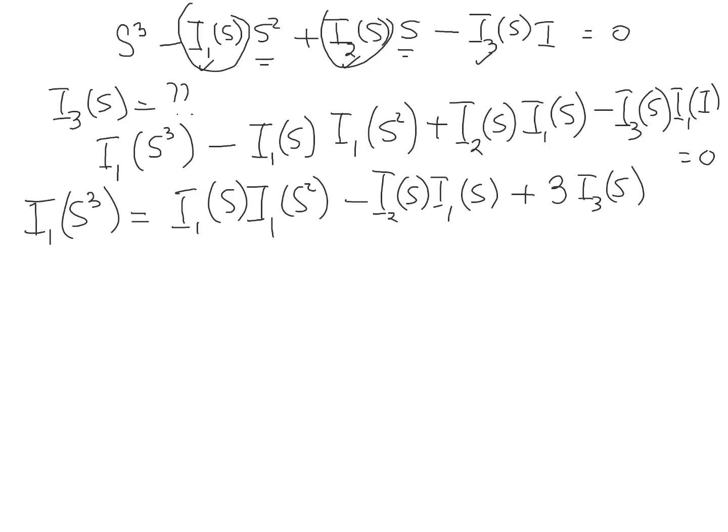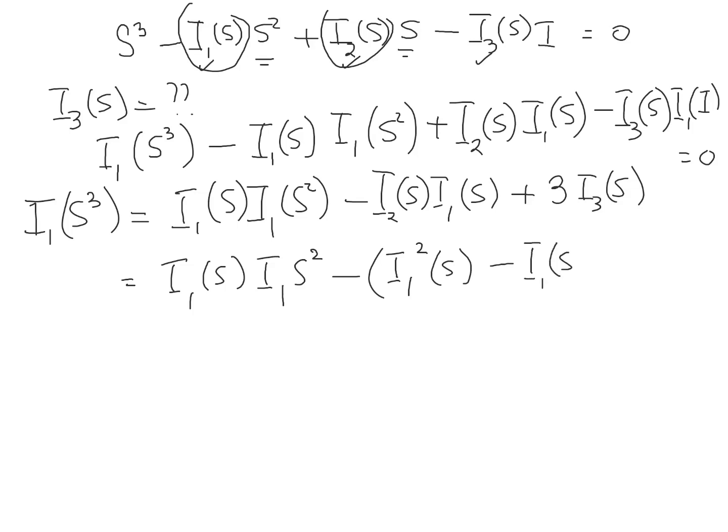You will see that you can also rewrite what you have there as the first invariant of S. This second invariant, you know, is the same as the first invariant of S squared minus the first invariant of S squared. Half of that is your second invariant.